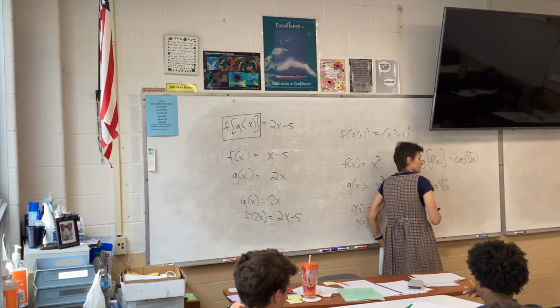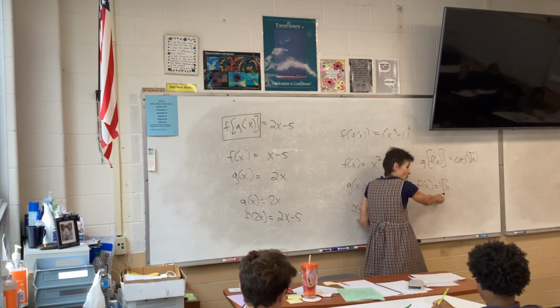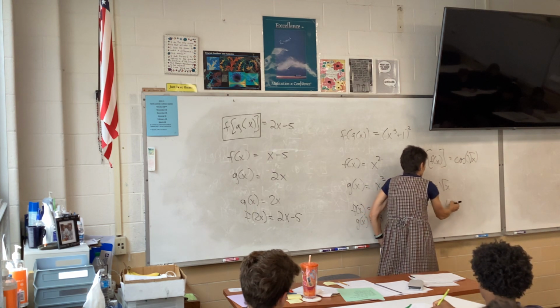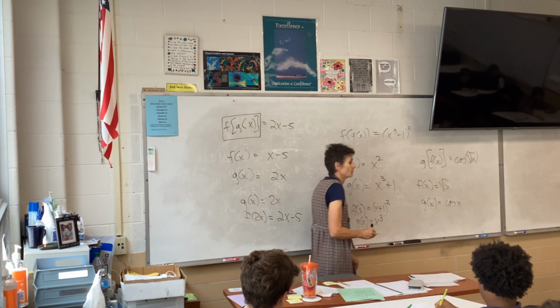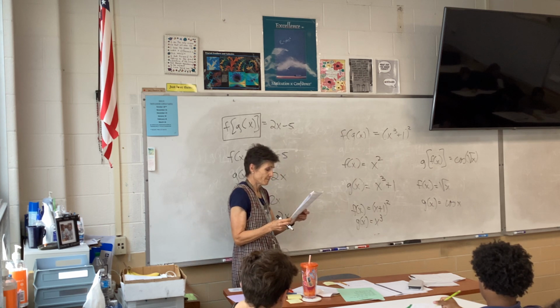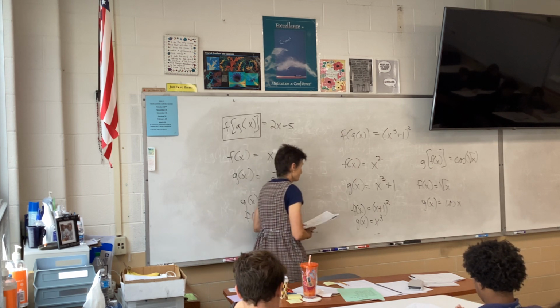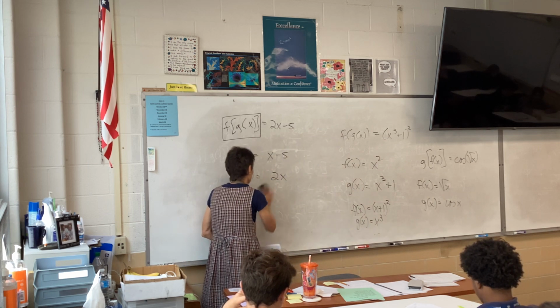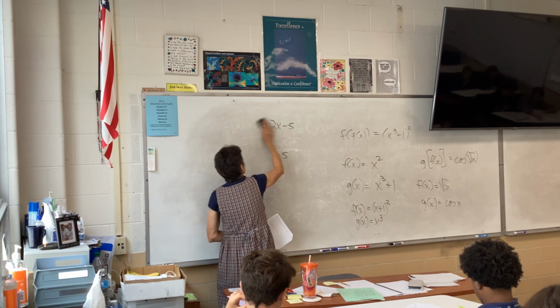Root x. So it's going to take x and take the square root of it. And then what do you need g to do? Is the cosine of that. Perfect. Very, very good. All right. Order is important, so pay attention to that. That you got.